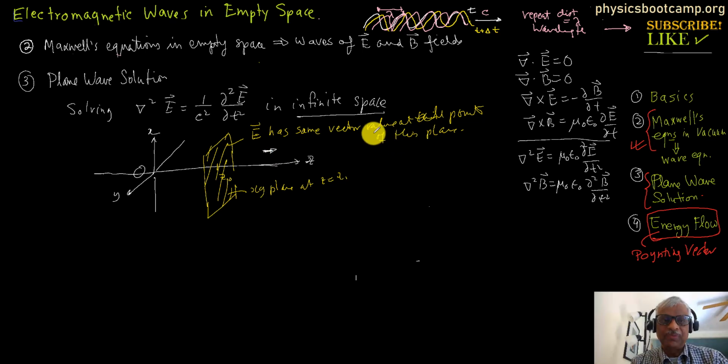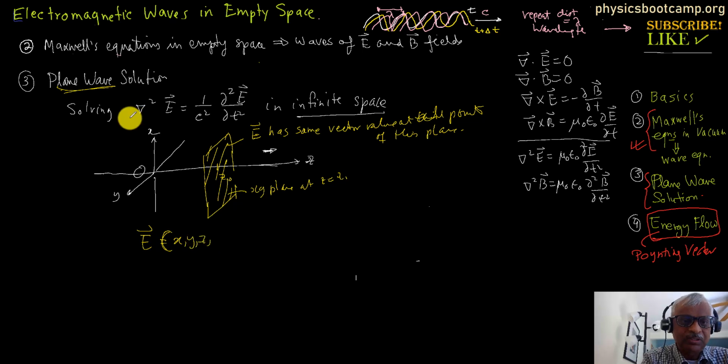If you say I'm going to have such a simple answer like that, then that kind of thing is called a plane wave solution, and you'll see that this is a really easy solution to work out. The answer is going to be E at any point x, y, z, so this has x, y, z, and t.